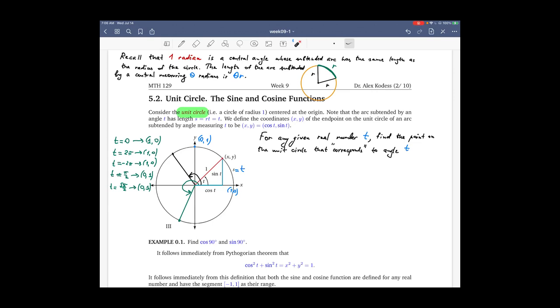So for any given real number t, find the point on the unit circle that corresponds to angle t in the sense just explained.